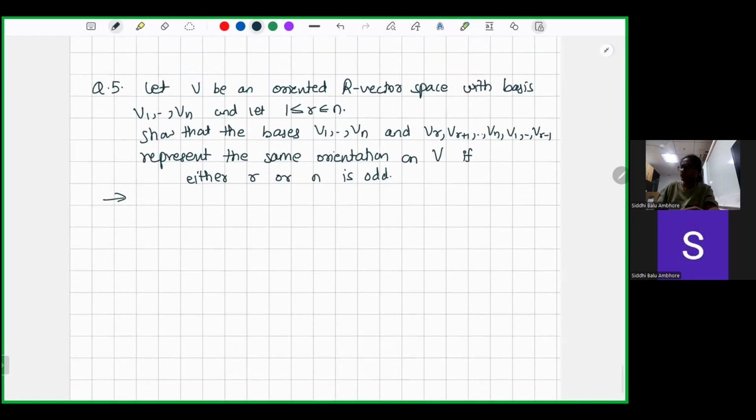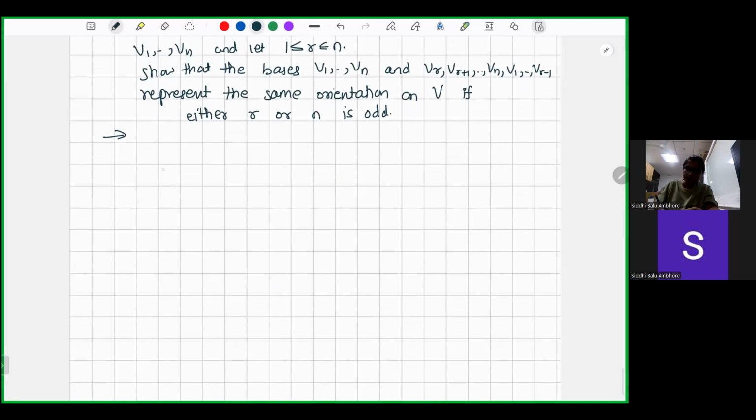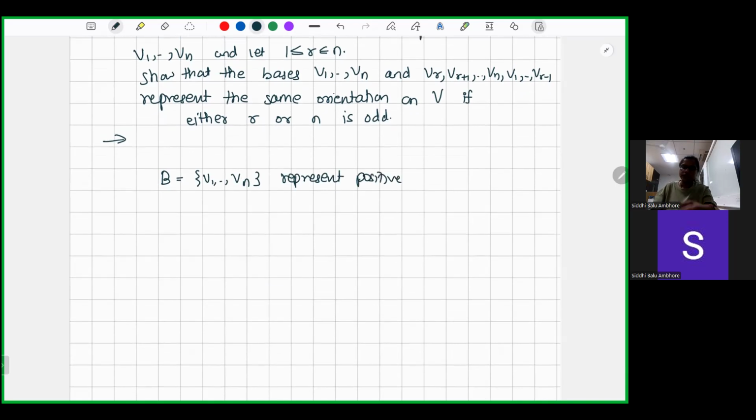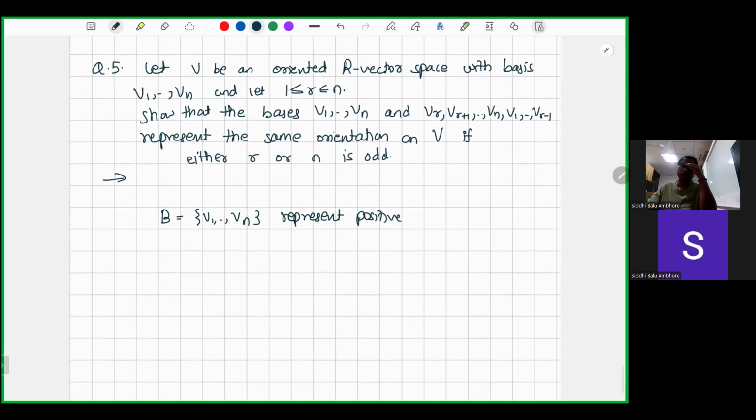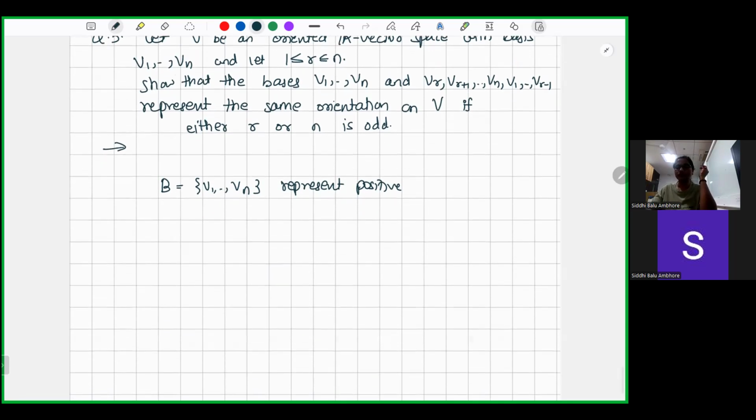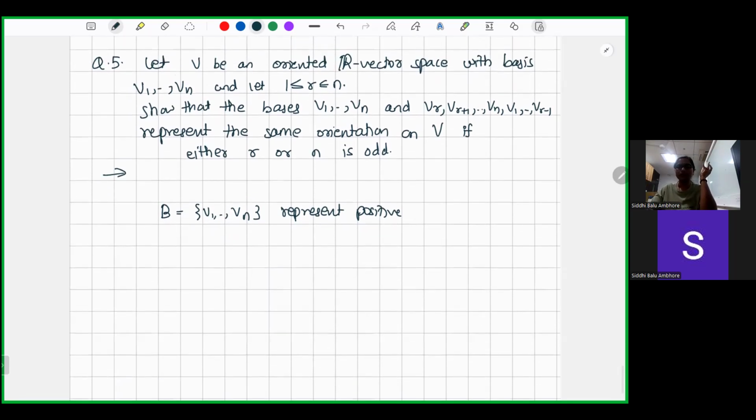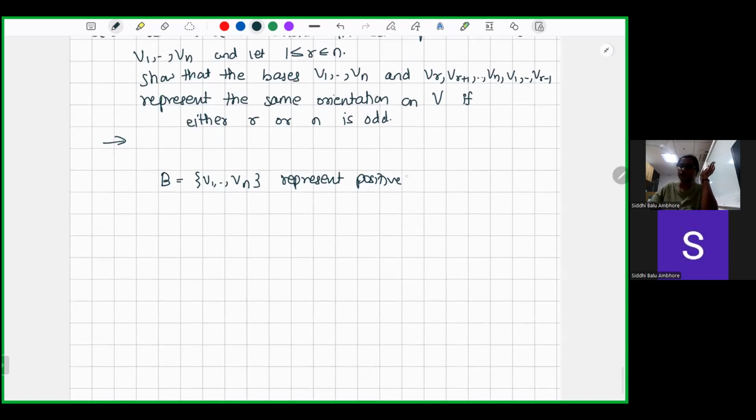So my basis B is V1 to Vn, representing the positive orientation. V is an oriented R vector space with V1 to Vn, so this is the positive orientation by definition.